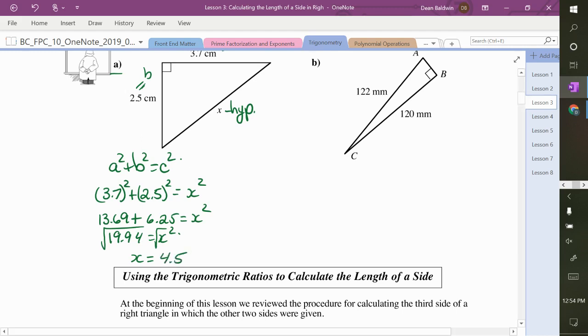Is that what people got? Or something close to that? This is actually important. Does everybody know how to solve that on their calculator? No? What's the square root sign on that calculator? You go this way.